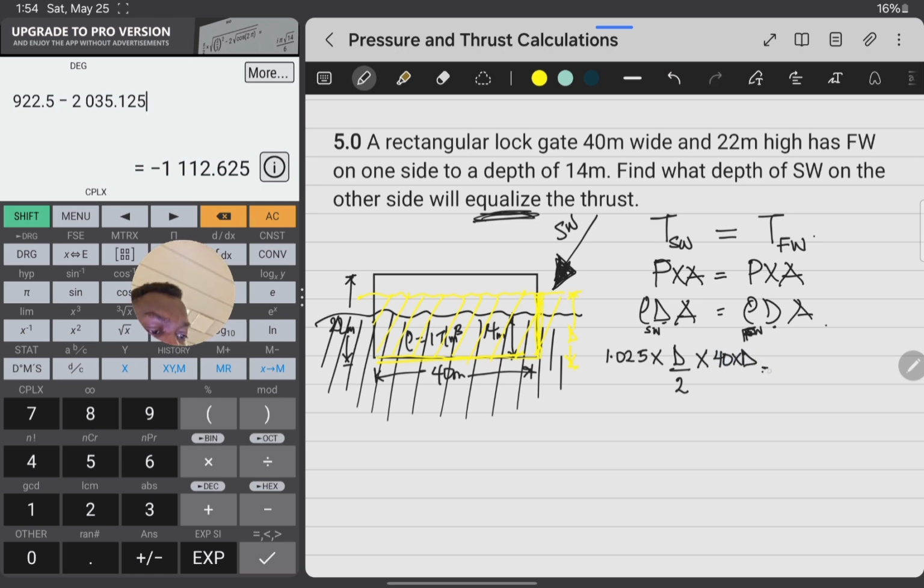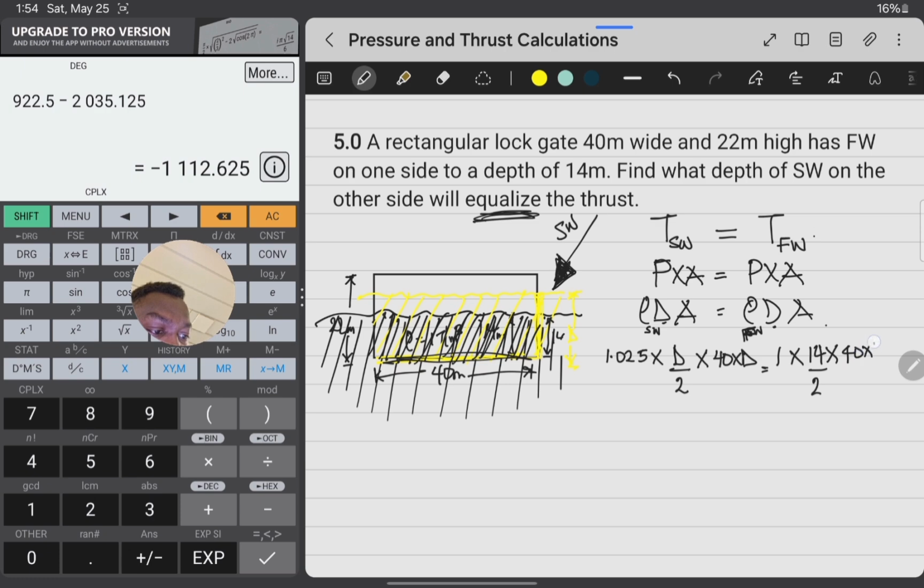This is equal to 1 times, for the freshwater, the draft which is the depth, 14, divided by 2 because it's a vertical surface. The area occupied is 40 times 14, length times breadth.